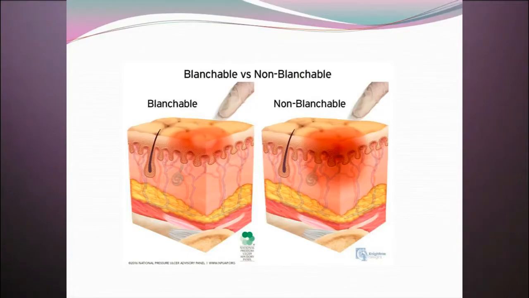This is again to try to explain the concept of blanchable versus non-blanchable. When you take a gloved finger and you press on that area, if you get blanching, a whiteness with that pressure, we call that blanchable. If you do not get that whiteness, we say that is non-blanchable. And that is the main distinction.